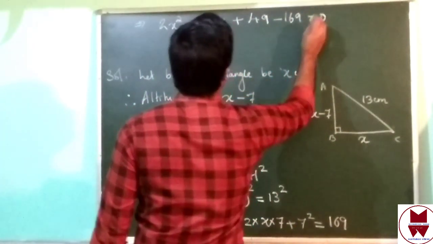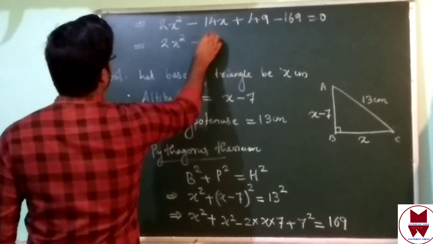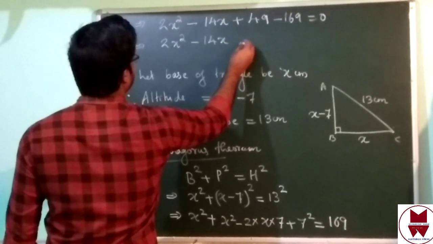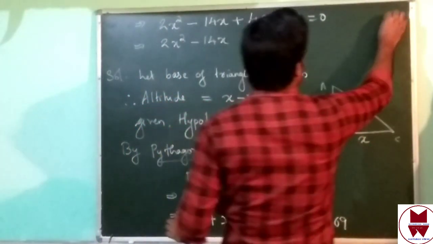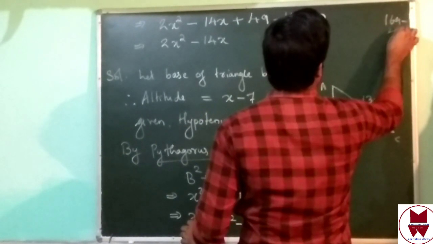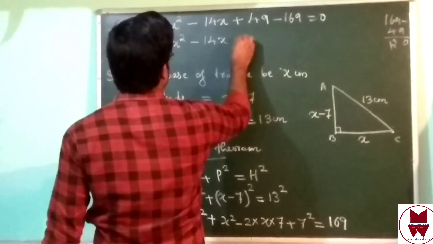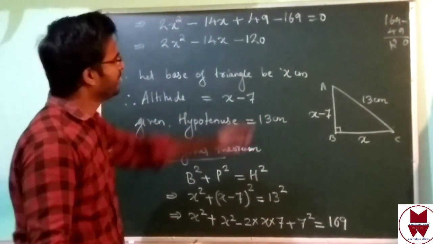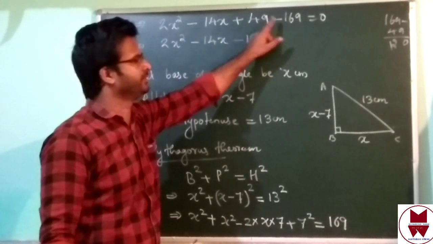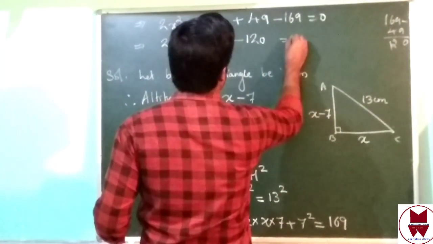Equal to 0. 2x square minus 14x. 49 minus 169. Just do it. 169 minus 49, 120. You will get minus 120 because 169 is big number. That sign is minus. Isn't it? We can write. That's why minus 120 equal to 0.